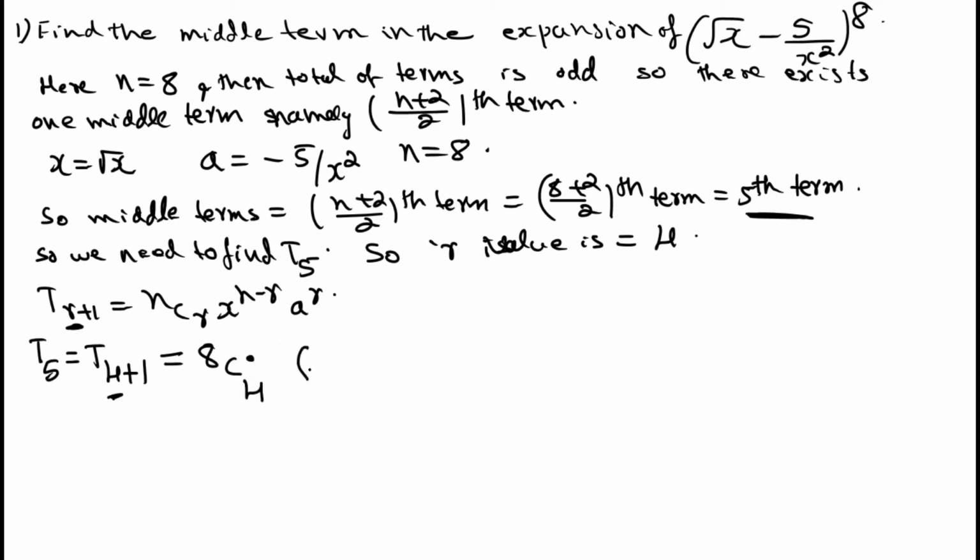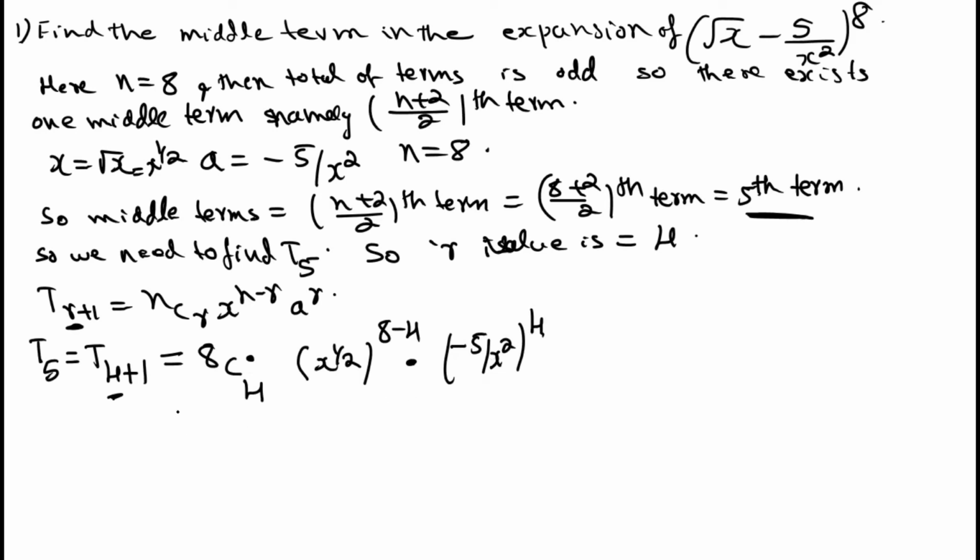The x value here is root x. We know root x equals x to the power 1 by 2, right? So x to the power 1 by 2 to the power of n minus r, that is 8 minus 4, into a to the power r. The a value is minus 5 by x square to the power r, where the r value is equal to 4.